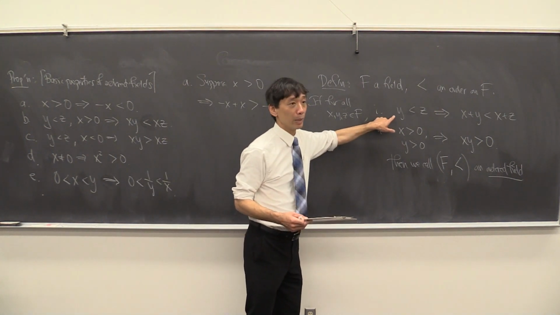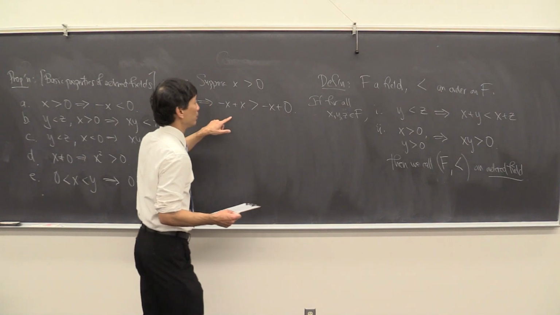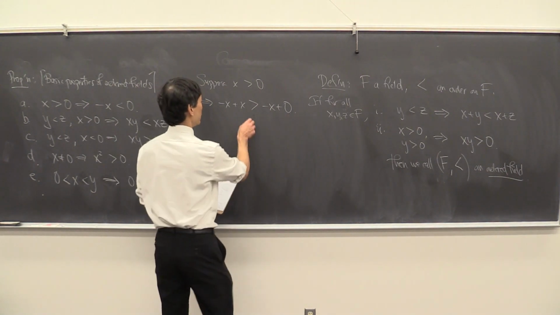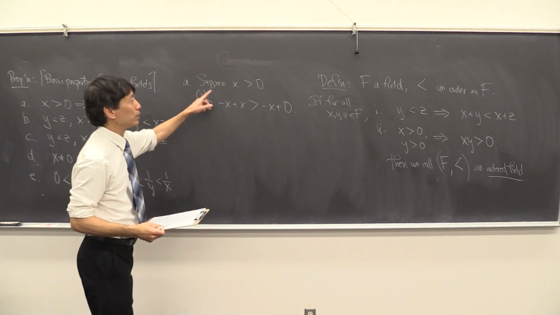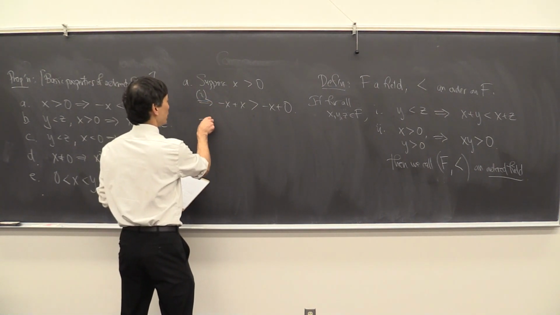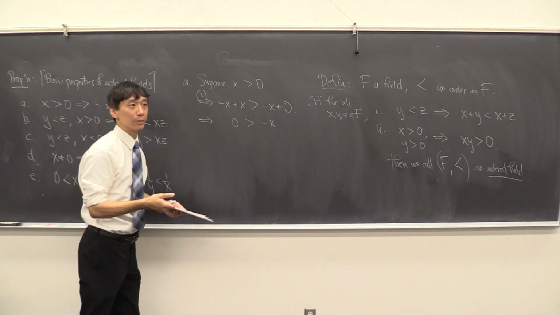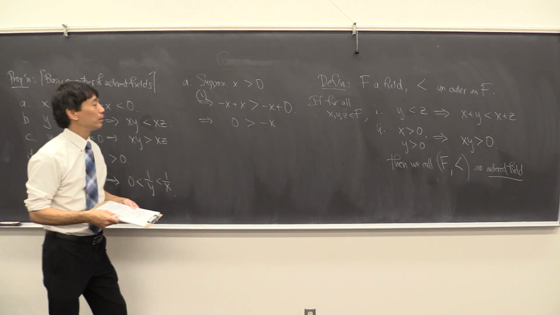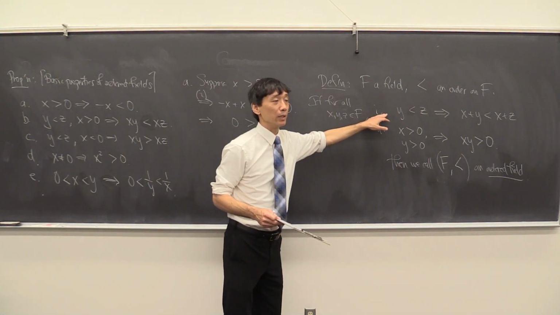Why? Because we demanded that. So this is true by the first property. And so 0 must be greater than negative x, which seems obvious, but you see that we needed this condition.